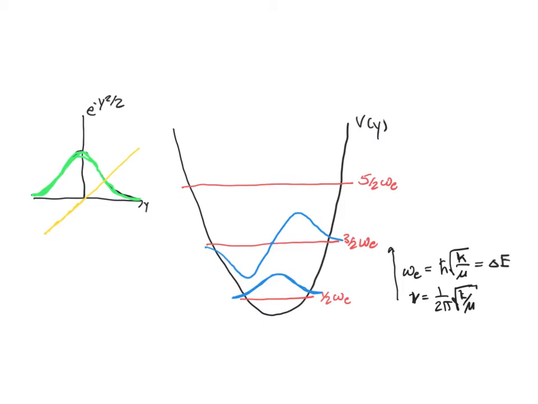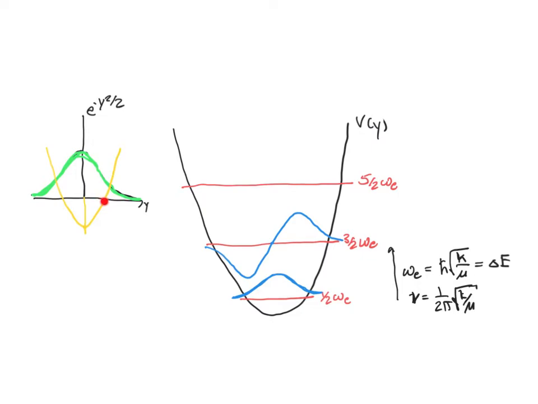Then if we look at the third wave function, we have a second order polynomial, which is 0 at minus 2, and a second order polynomial is just a parabola. And so if we multiply those two together, we're going to be positive over here, negative in the middle, because a negative times a positive is negative, and then positive back over here.